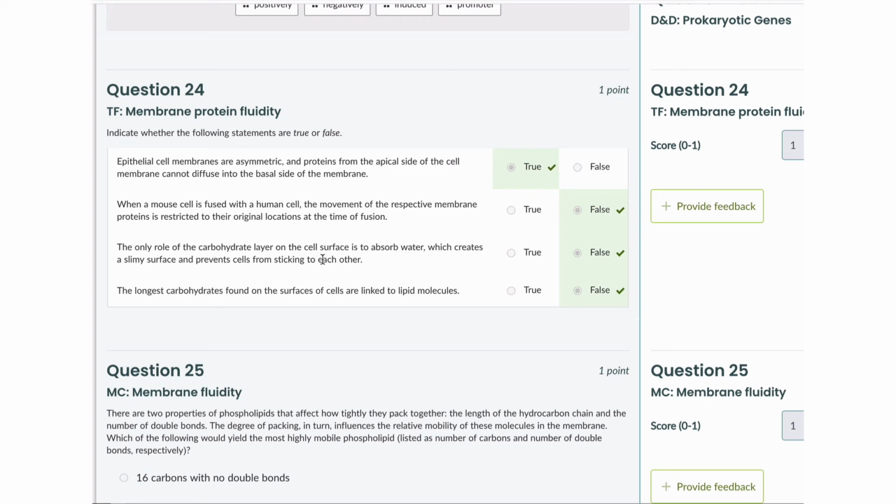The only role of the carbohydrate layer on the cell surface is to absorb water, which creates a slimy surface and prevents cells from sticking together. That may be true, but it's not the only role. They can act as identity markers, for example. The longest carbohydrate chains found on the surface of cells are linked to lipid molecules. No, we see these glycoproteins and proteoglycans especially that have really long carbohydrate chains.